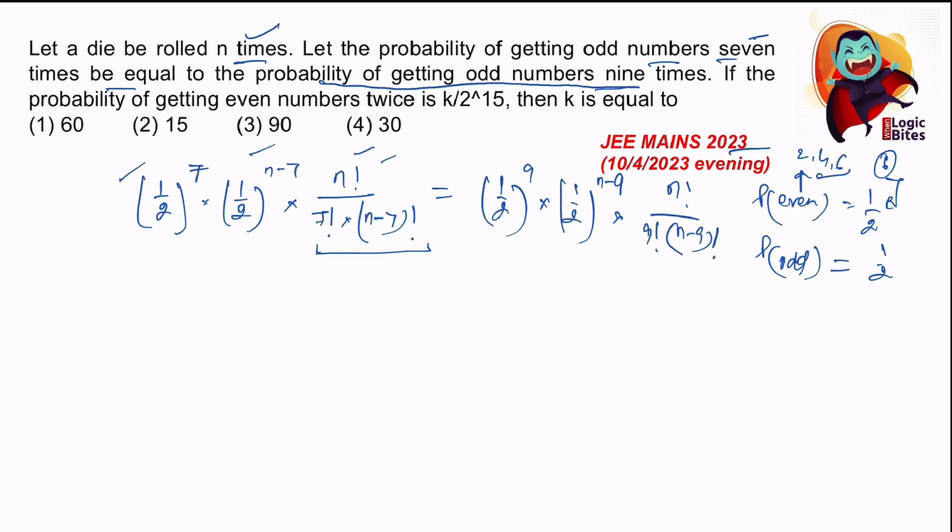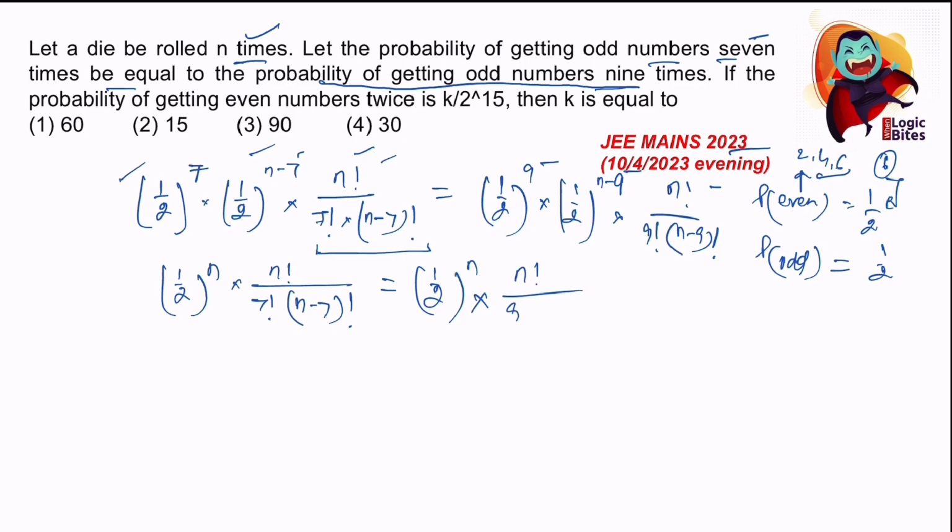So it can be simplified: it will be 1 by 2 to the power n, because 7 and n minus 7 are there. Then factorial n will be kept as it is. Here again 1 by 2 to the power n, since 9 and n minus 9, and it will be factorial n divided by 9 factorial and n minus 9 factorial.